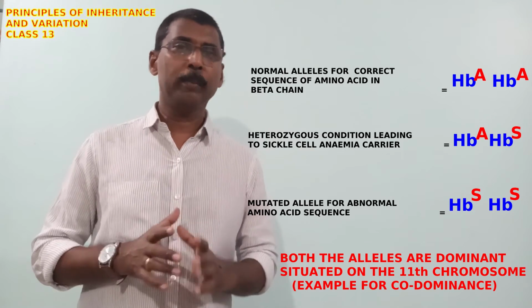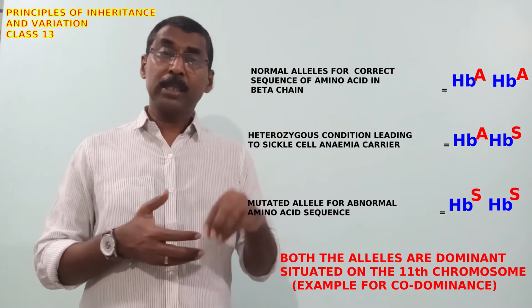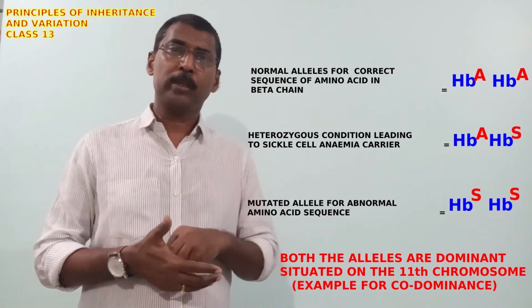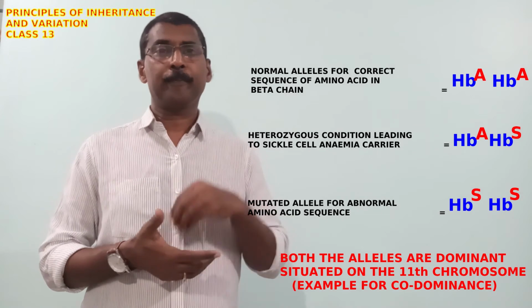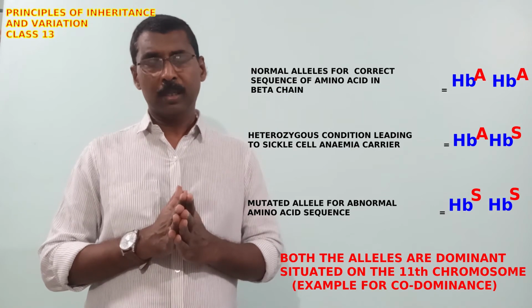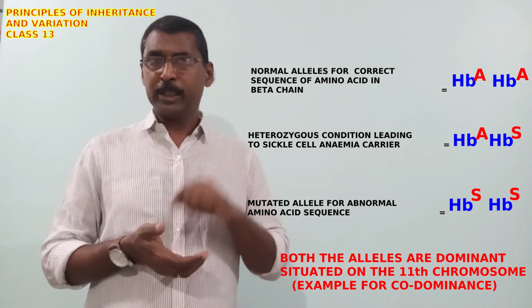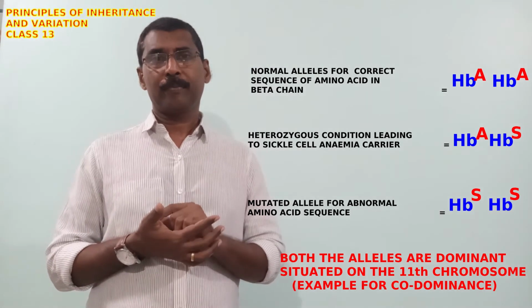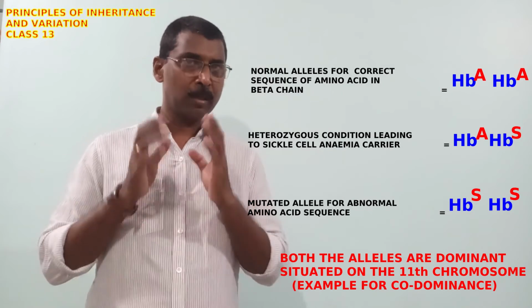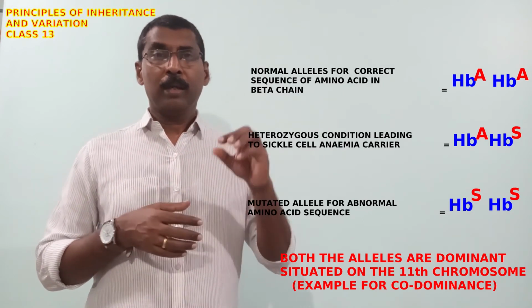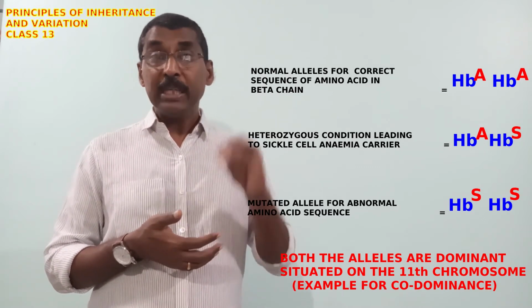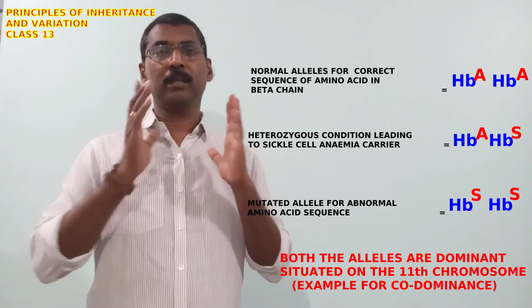But the sickle cell anemia carrier is another example for codominance. Here, the normal gene HbA is a dominant gene. The normal gene on the 11th chromosome is a dominant gene, and the mutated disease-causing allele HbS is also a dominant allele.